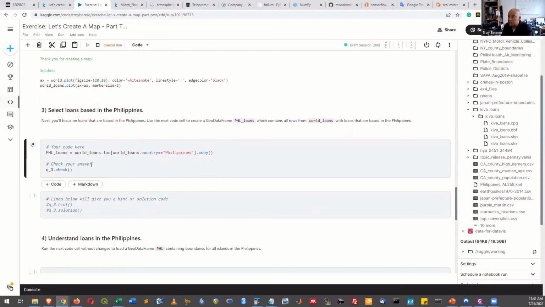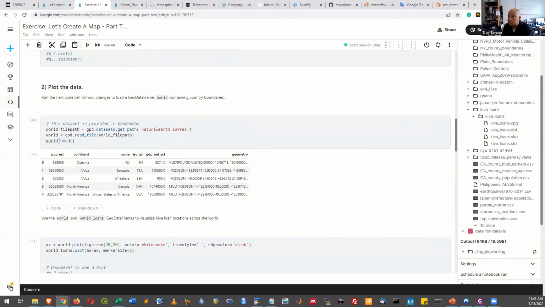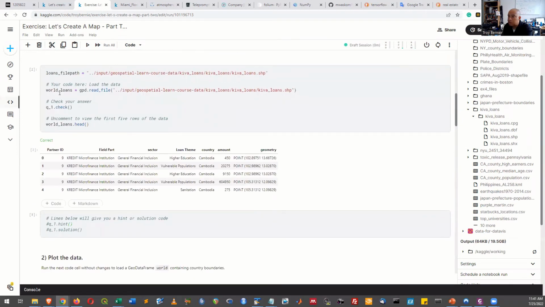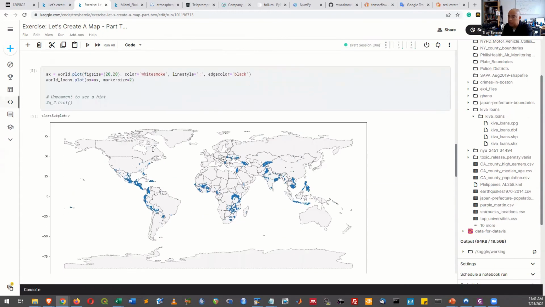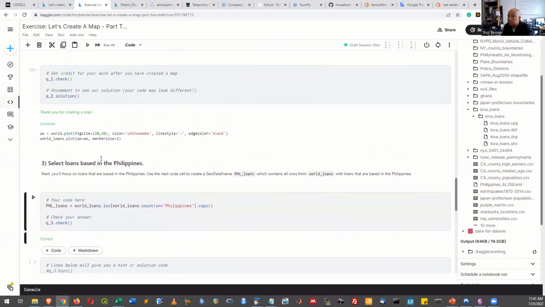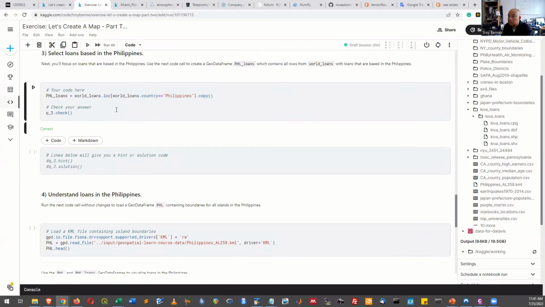Next step is we're bringing up the loans, okay, going back to this here, the loan files, the shape file of the loans, those points of where the loans were given. I don't want to miss my spot here. Yep.